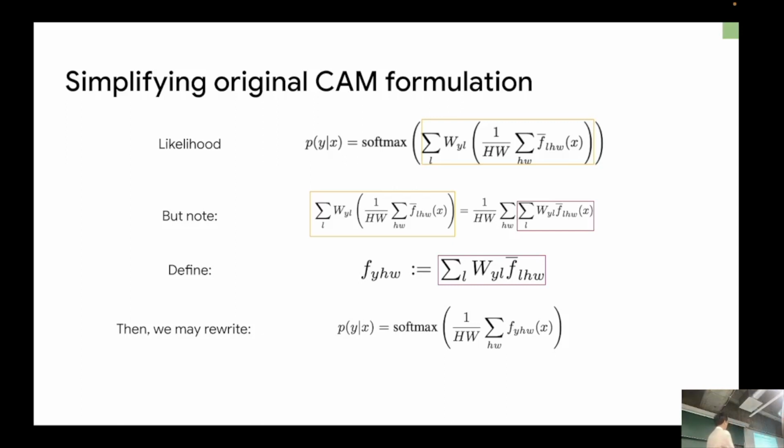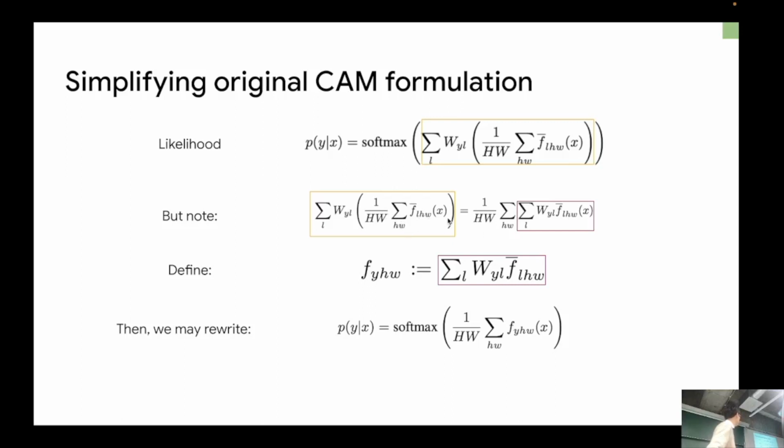So as I said, we have a likelihood like this, where we have an FC layer followed by global average pooling. Now let's take a look at this FC layer and the global average pooling. It turns out that you can actually swap the operations because these are linear.